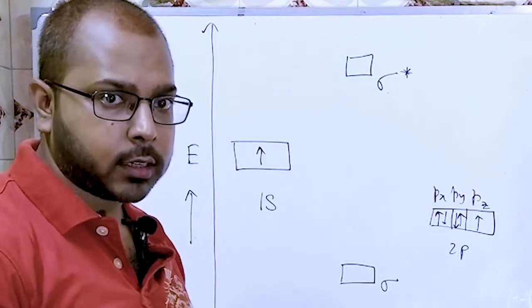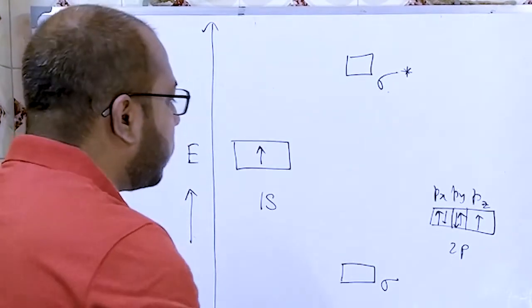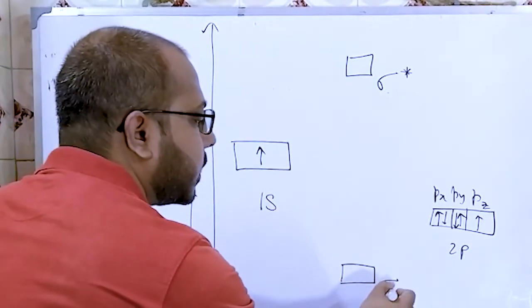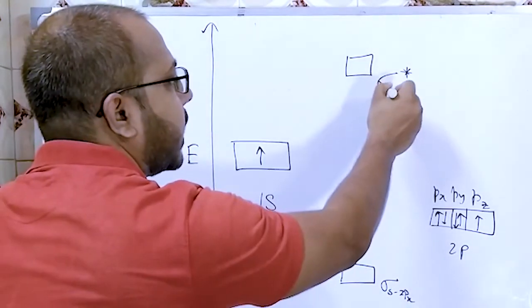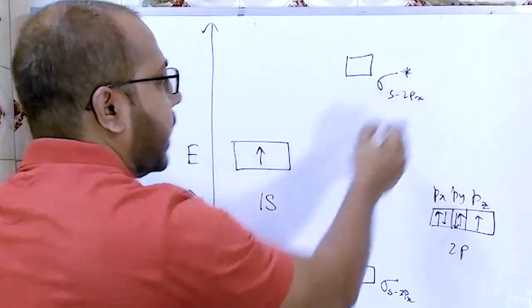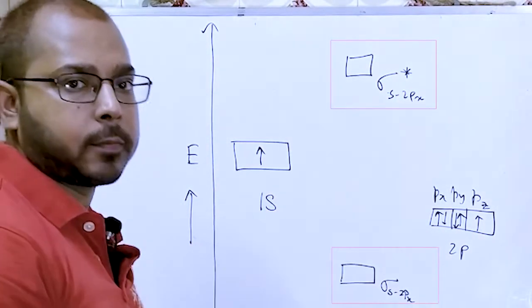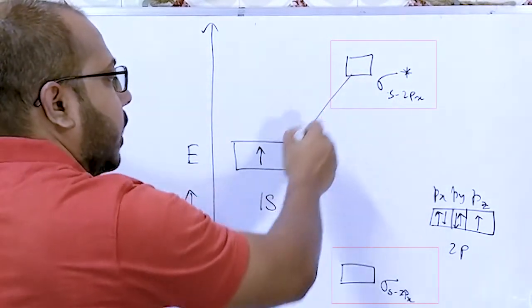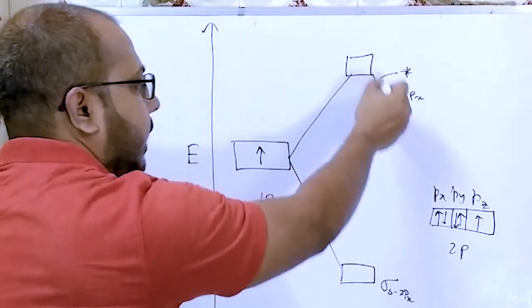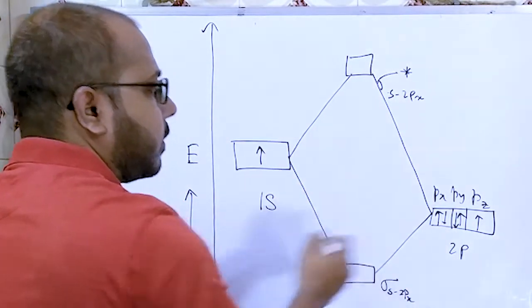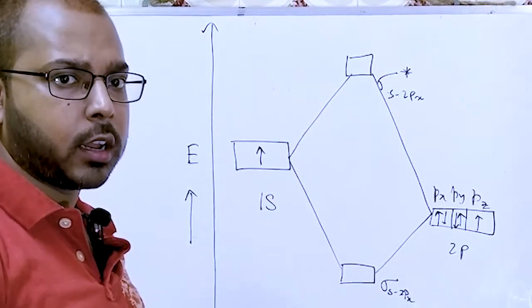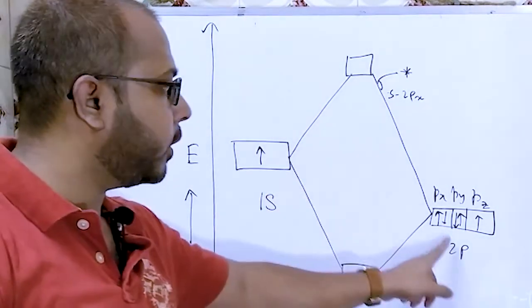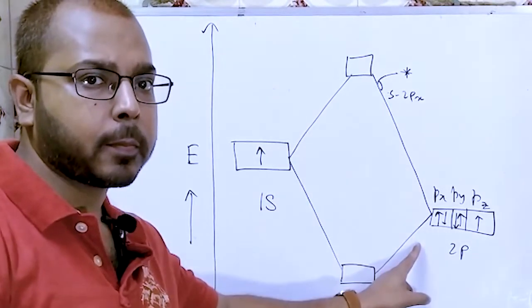No problem with that. Now this is 1s and 2px. I am attaching this because this molecular orbital is formed from the combination of these two.